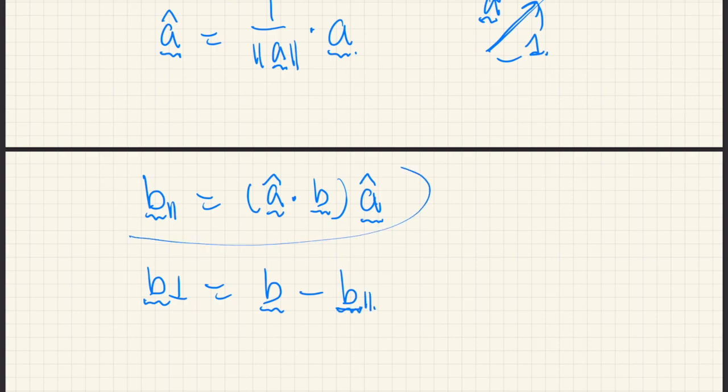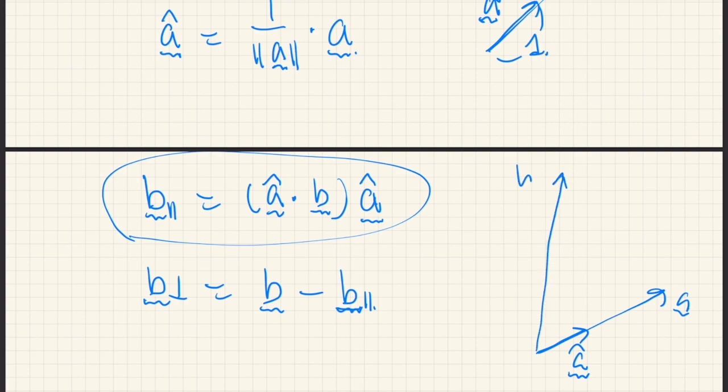Okay, so let's consider the meaning of this one. So we have the vector A here and the unit vector A hat. And let's say we have a vector B. Then A hat dot B is the scalar product between A hat and B. Okay, and the length of A hat is 1 because it's a unit vector.